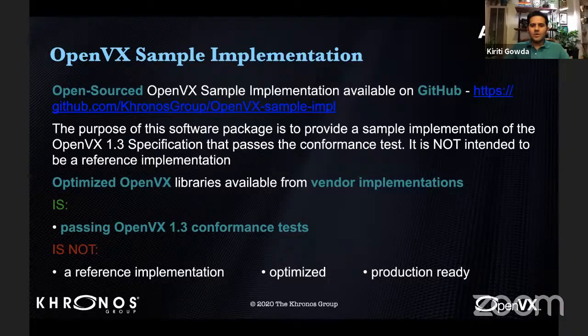So let's say you want to run this on an x86 platform. You can use this open source implementation to test, develop and do some prototyping. But if you want to use OpenVX in your production, you're going to use the optimized OpenVX libraries from the vendors, so maybe Intel, maybe AMD. Whoever it is, you're going to be using their optimized OpenVX.